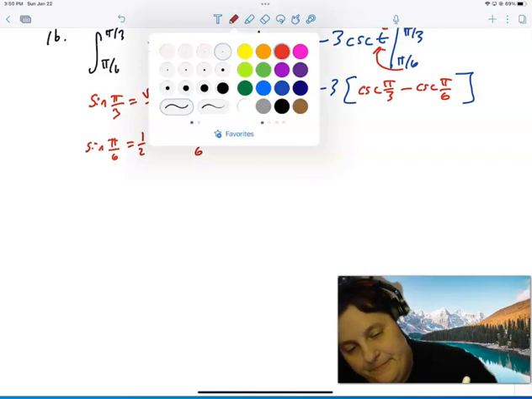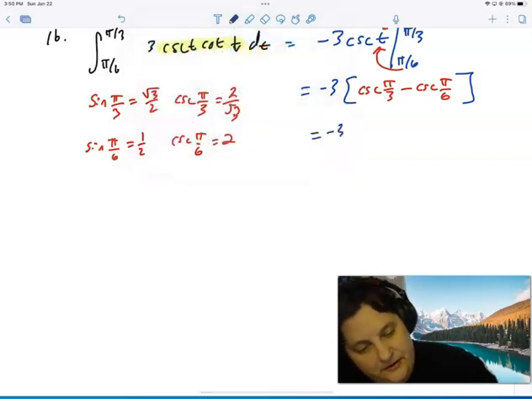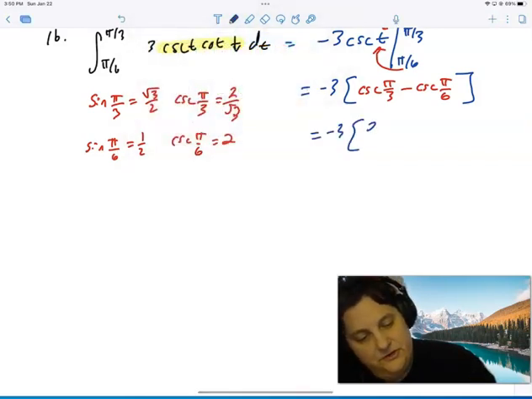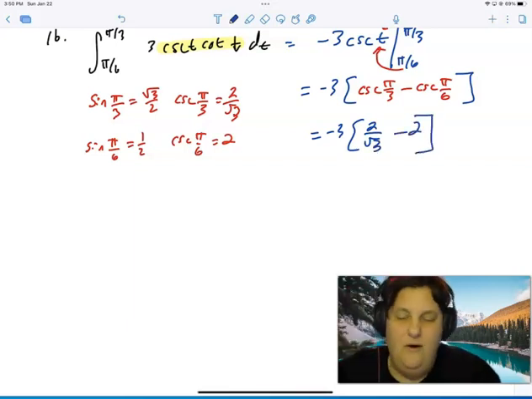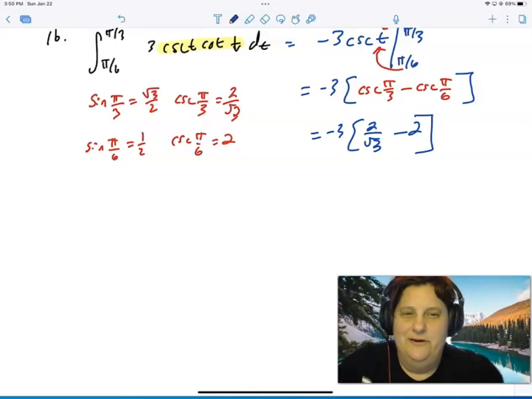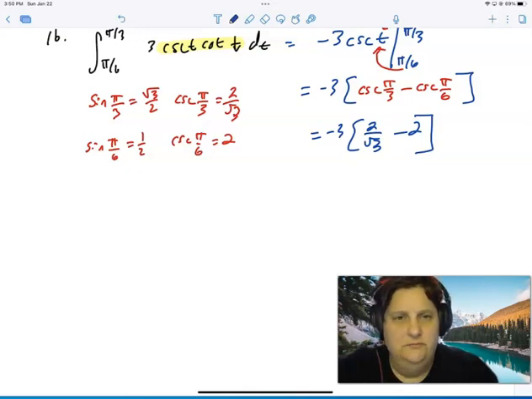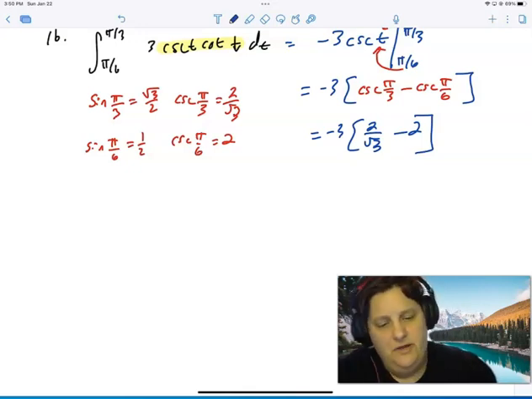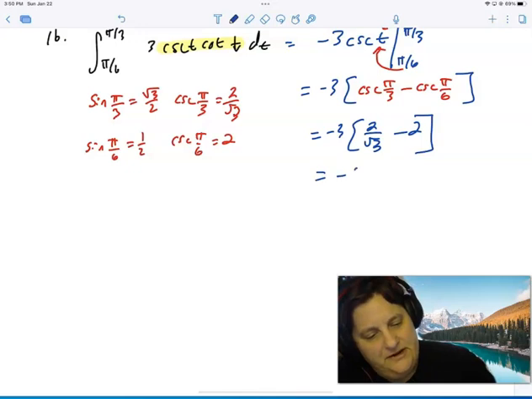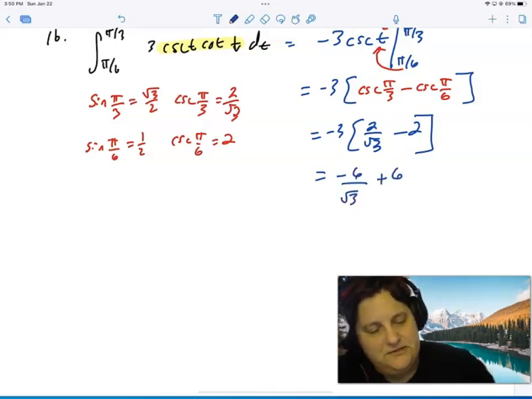Okay? So here's what I'm thinking. Negative 3, and then that's 2 over root 3 minus 2. I don't know how much farther they're going to simplify that. Are they going to rationalize it? Probably not. That looks all right to me. We could distribute that and say it's negative 6 over root 3 plus 6.